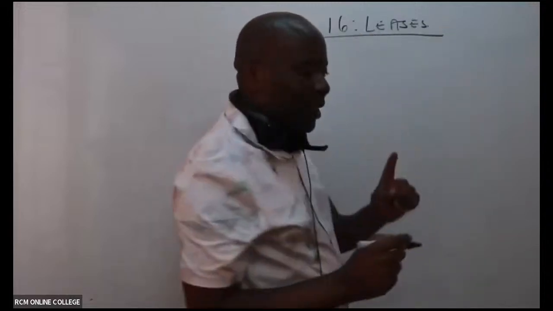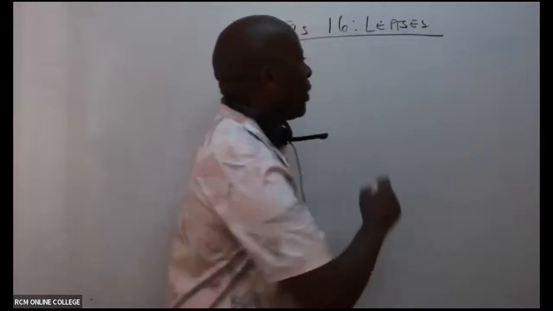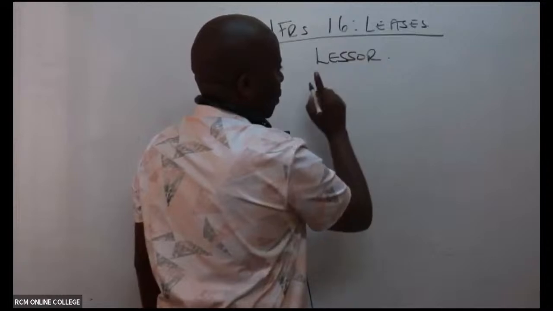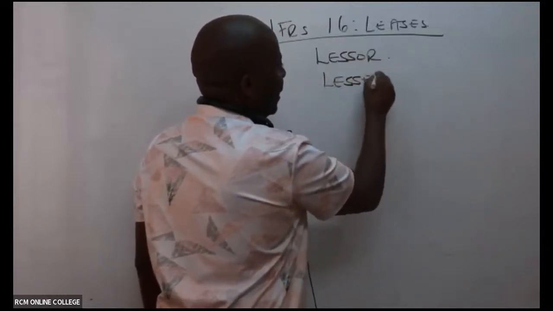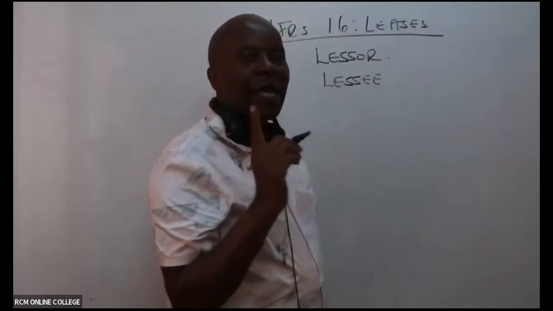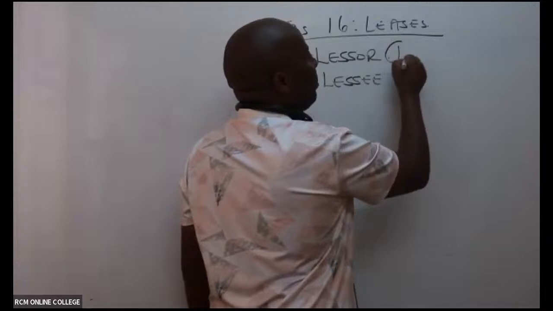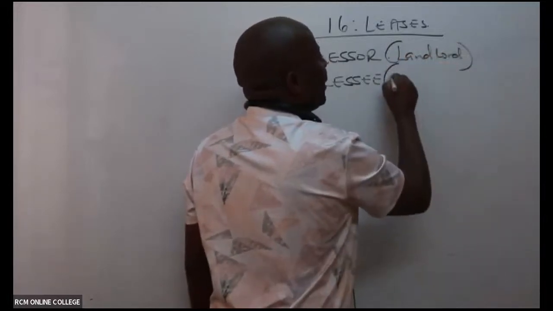Under leases, we are going to have two parties involved. We have the landlord, or rather the owner of the asset, called the lessor, and then we have the lessee. If I look at this from the aspect of a building, then the lessor will be the owner of the building, who is called the landlord, and then the lessee will be the tenant.